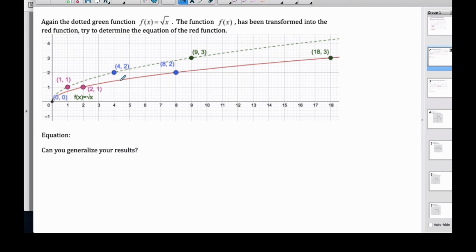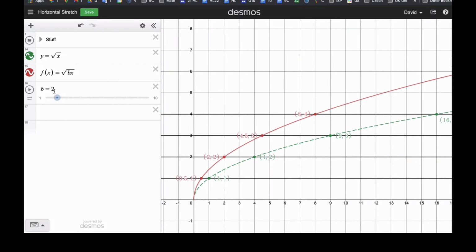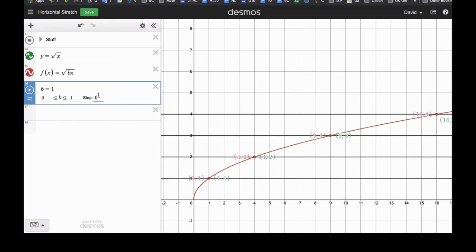Again, we're at the green function, and I want to make the 1 a 2. The 4, I want to make it an 8. Well, I actually already did that one by accident last time. I changed the b value, and I made the b value go from 0 to 1, and let's go by 0.1s this time. As I change this, look what happens here.